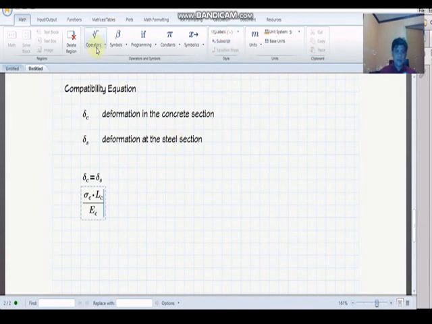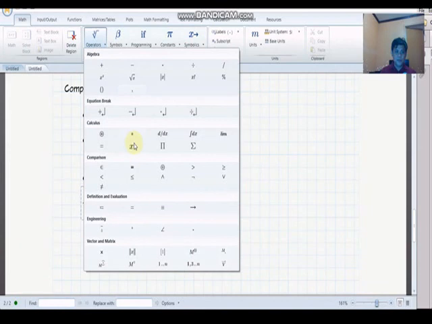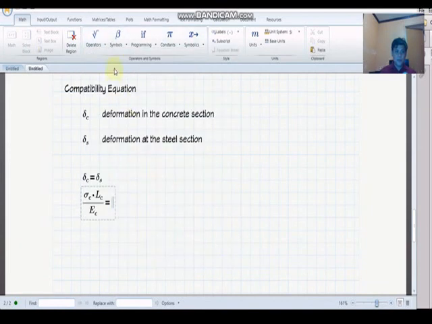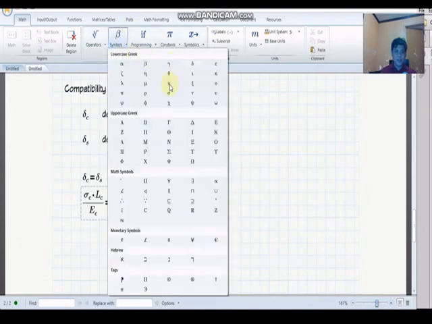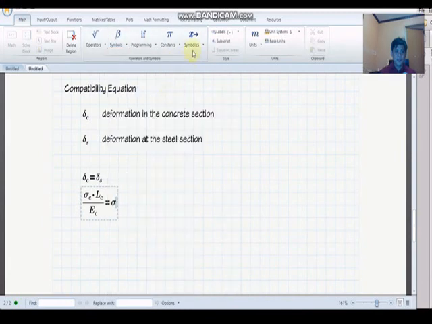Then this is equivalent to sigma s, the stress in the steel, times the length of the steel divided by the modulus of elasticity for steel. And from the figure, it's obvious that the length of your concrete and your steel are equal.